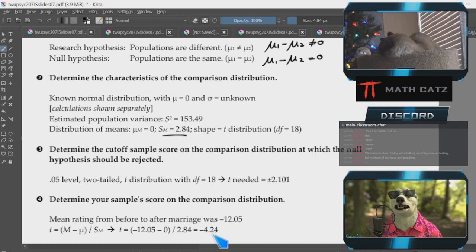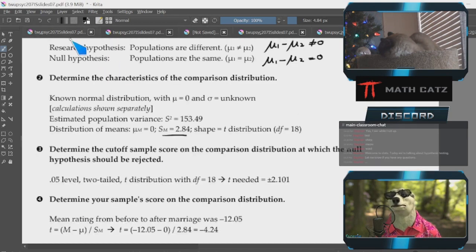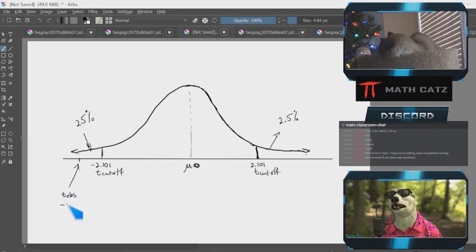Plug it into the formula, we get negative 4.24. Negative 4.24. Let's put that over there. So this is T cutoff, and let's give ourselves some space, T observed, negative 4.24.